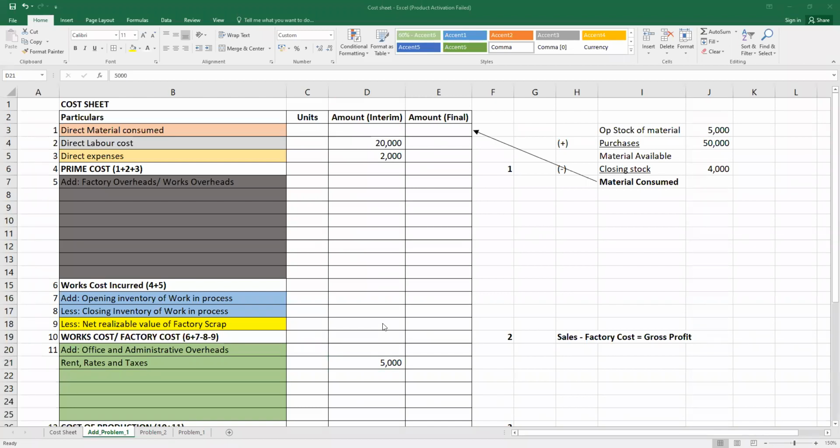Then power. Even in the final accounts, we have seen that when we use electricity for the factory or machine shop, we post it on the debit side of trading account, and it is very much related to the factory expenses. So we will enter power over factory overheads. Power. And what is the value? 2,000. Inner column में जाएगी.